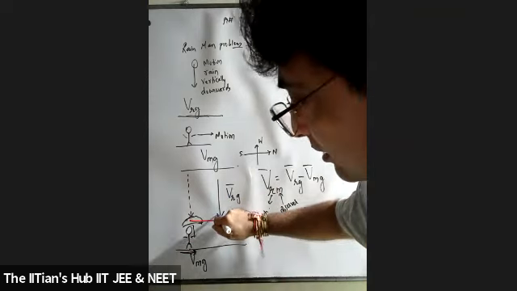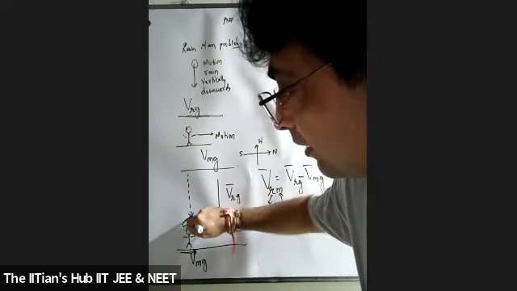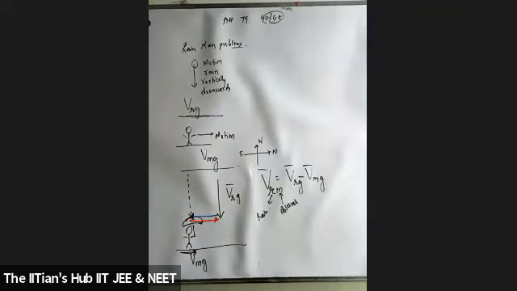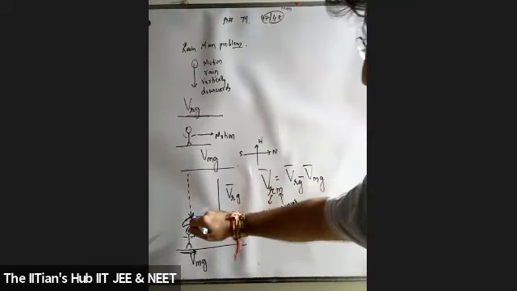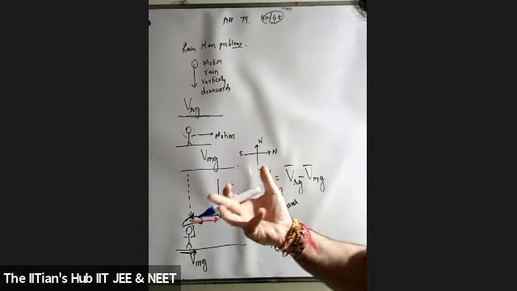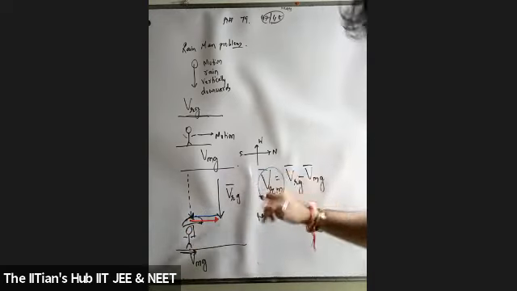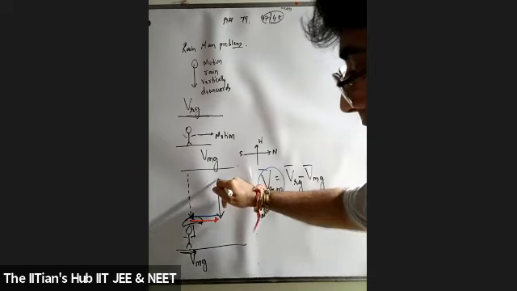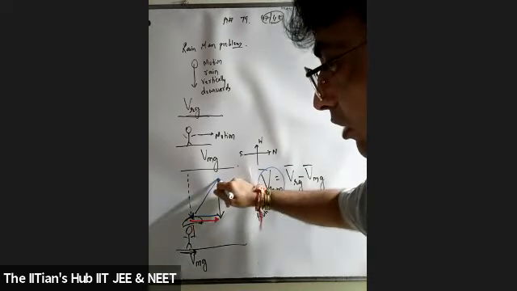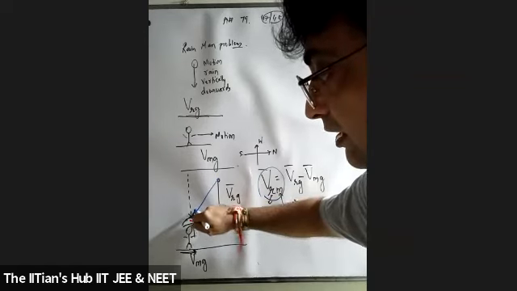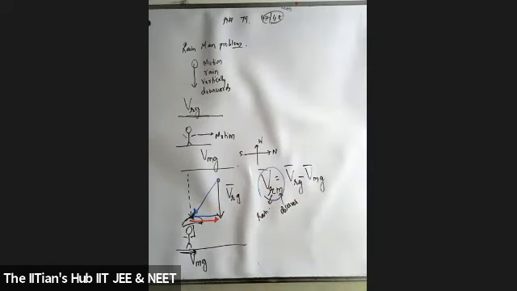So if I reverse this, then can I say tail to head, the resultant will be this. Where will the resultant go from and to? From the tail of the first vector to the head of the second vector. That means the rain, students, the rain is falling diagonally.